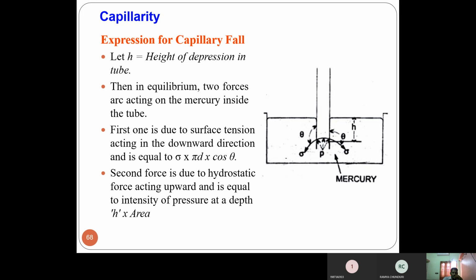The second force is due to hydrostatic force acting upward, and is equal to the intensity of pressure at a depth h into area. From the bottom side, pressure force is acting, and from the top side, surface tension is acting. Force due to surface tension. Come to the next slide.